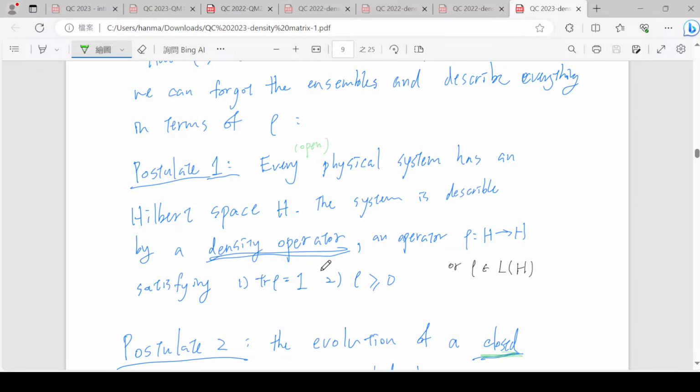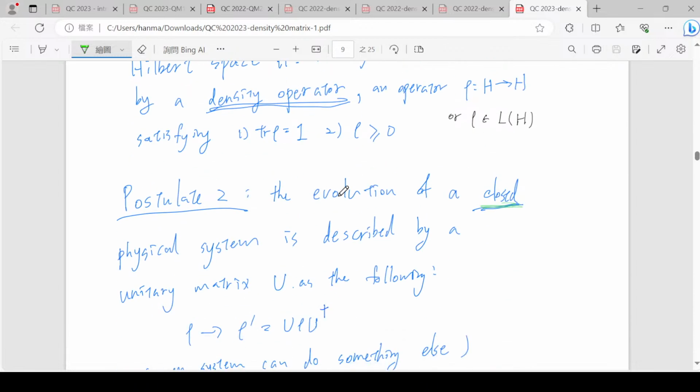Here we use the theorem we just proved. So the density operators are those d by d matrices that satisfy trace equal to 1 and being PSD.